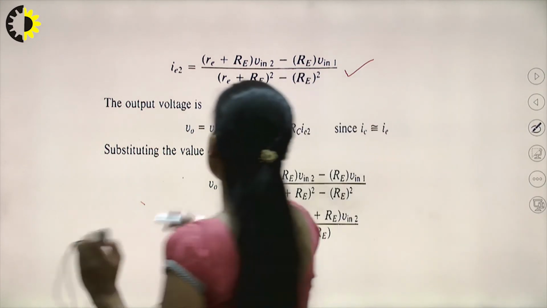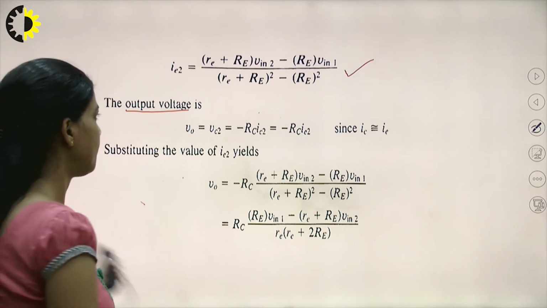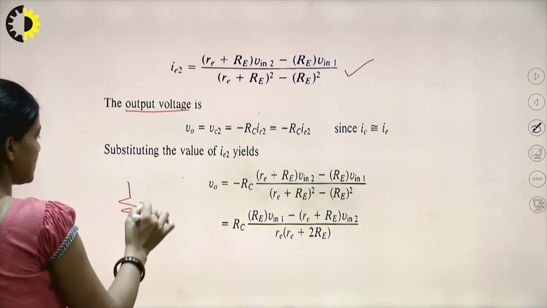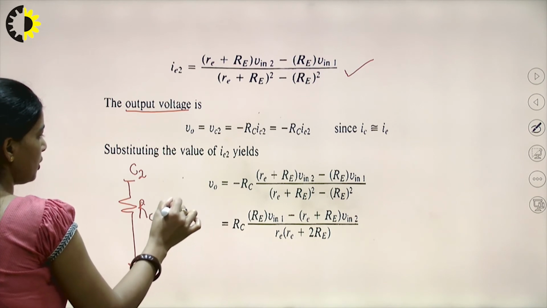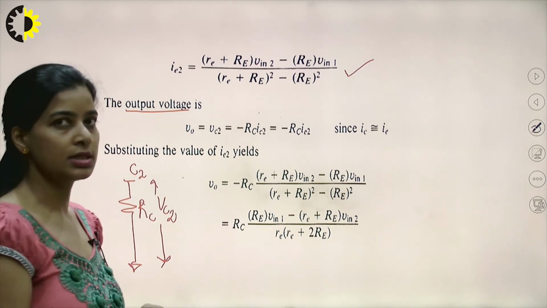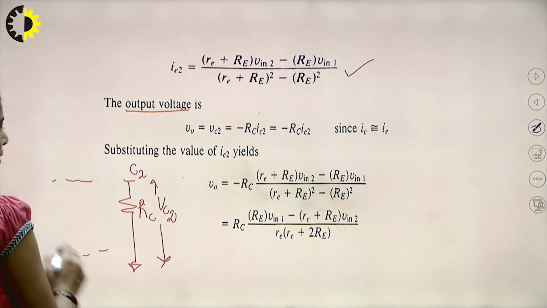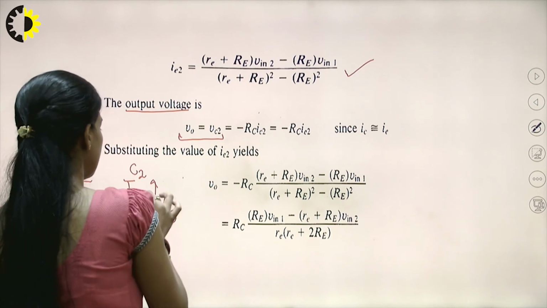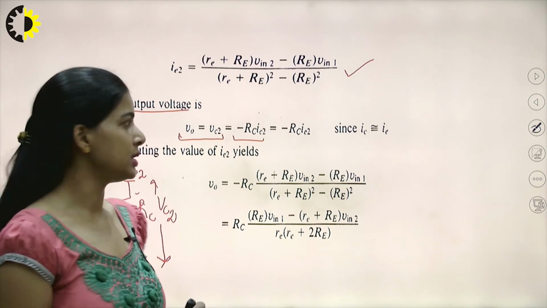Now the change will start from this point, where we will be calculating the output voltage. Here the output voltage that we are measuring is across collector 2. So this is your output VC2 across this collector resistance RC that is connected at collector 2. The output is written as VC2, and with the direction it is written as minus RC into IC2.